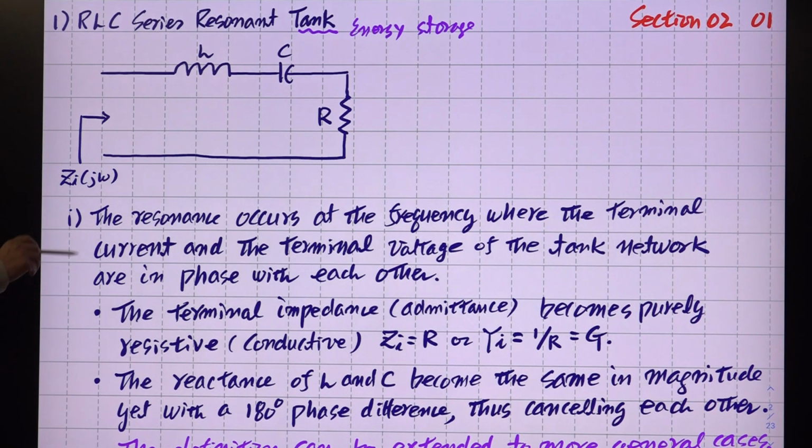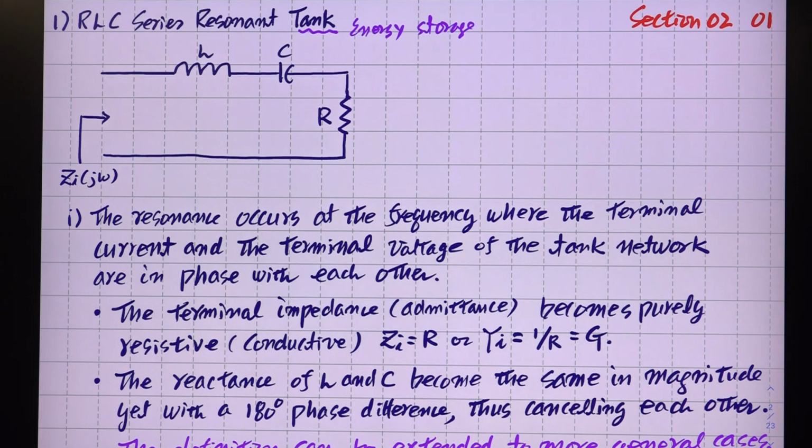As for resonance, there are many seemingly different definitions. I was thinking about this a lot: what is resonance? Many books say different things. You'll see resonance in this course, and you have heard the term in many other subjects, electronics or controls.